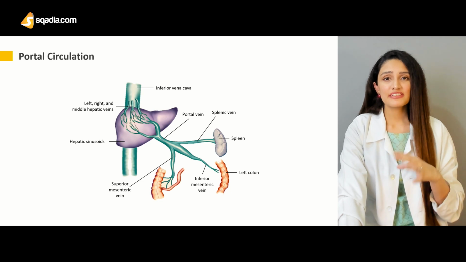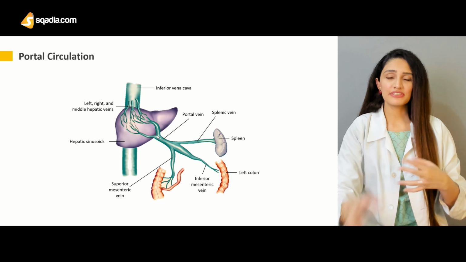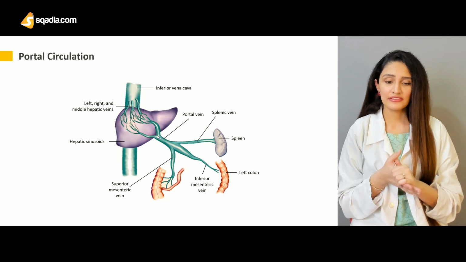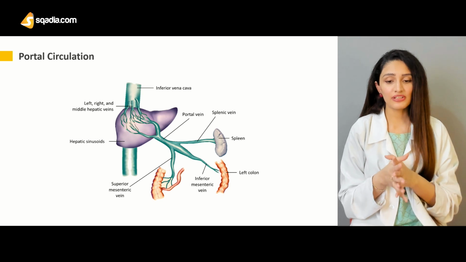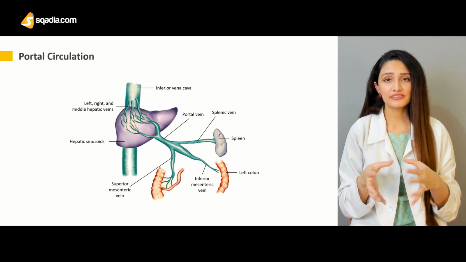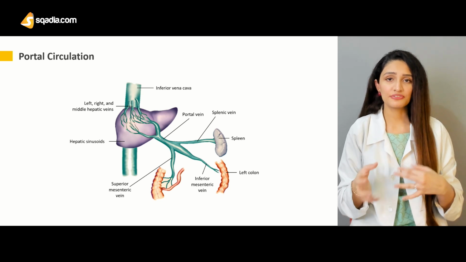But if the portal vein is thrombosed, then the hepatic artery does the compensation, and it causes a buffering system. This is also called the hepatic arterial buffer response, which causes a compensation between the artery and the vein.